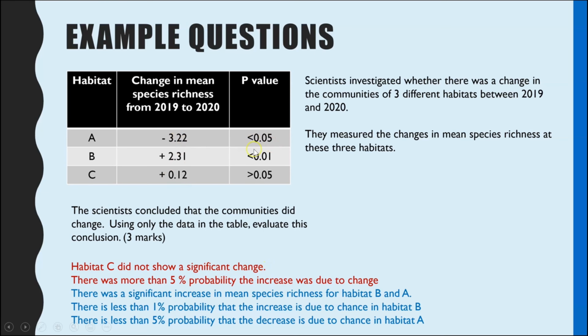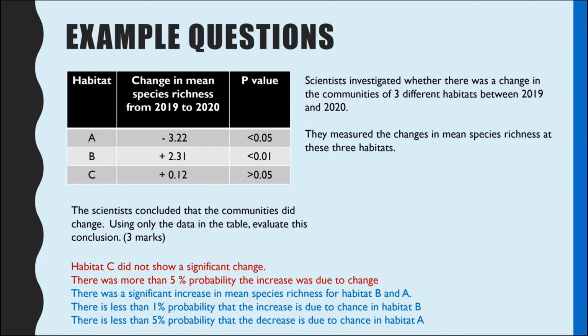The other 2 are both less than 5%. For habitat B, it's actually less than 1% probability that the increase we see is due to chance. And for habitat A, it's less than 5% probability that the decrease we saw was due to chance. So therefore, there was a significant increase in mean species richness for habitat B, and there was a significant decrease for habitat A.